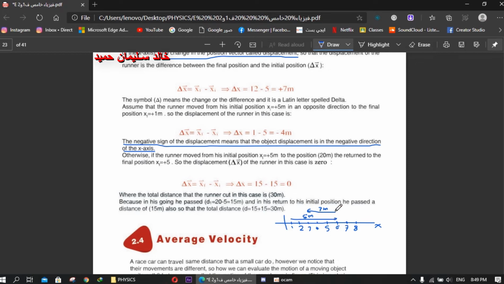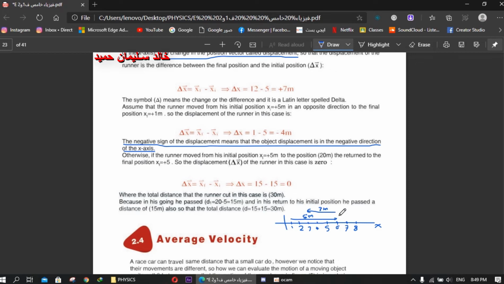Then it returned back 3 meters to the final position, which is x equal 3. Then the total displacement of this journey is 2 from initial to final point.